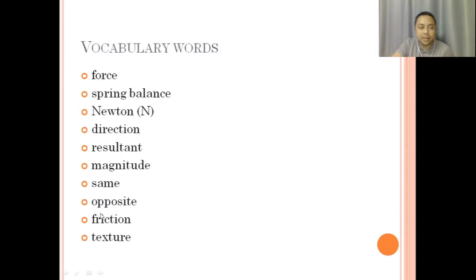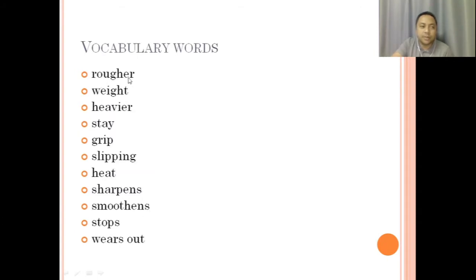Opposite. Friction. Texture. Rougher. Weight. Heavier. Stay. Grip. Slipping.